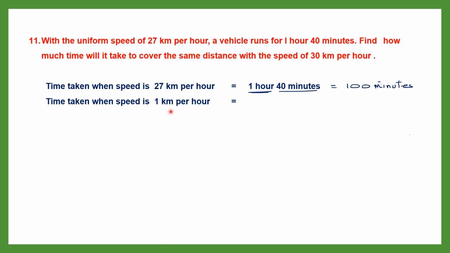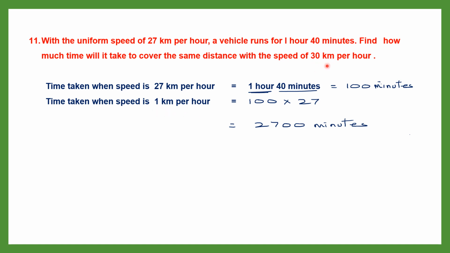That means we have to multiply 100 into 27. So let's do that. 100 into 27 will be 2700 minutes. So can you see? If it's going very slowly, how long will we take? We will take 2700 minutes if it's going only at 1 kilometer per hour.